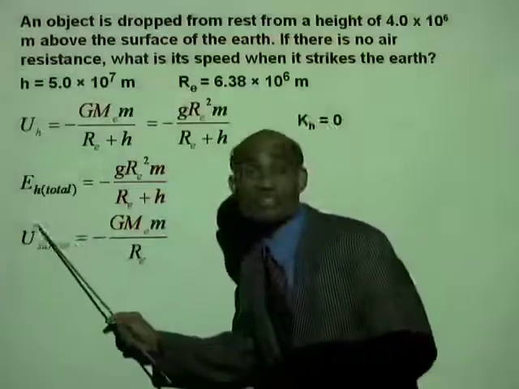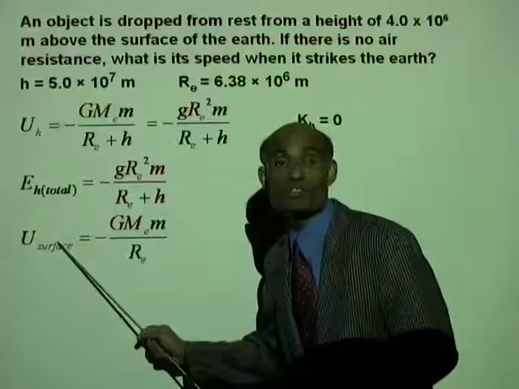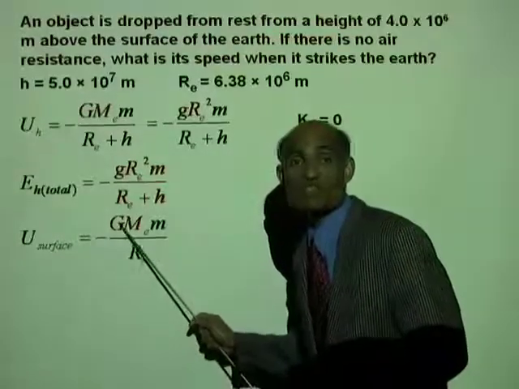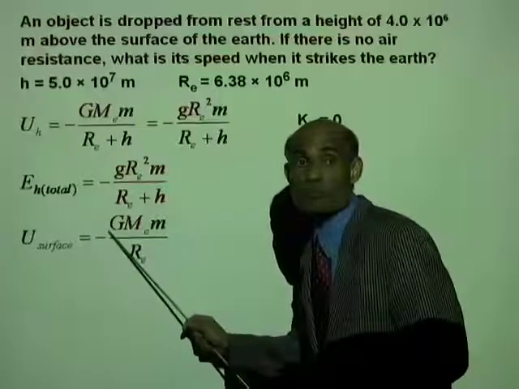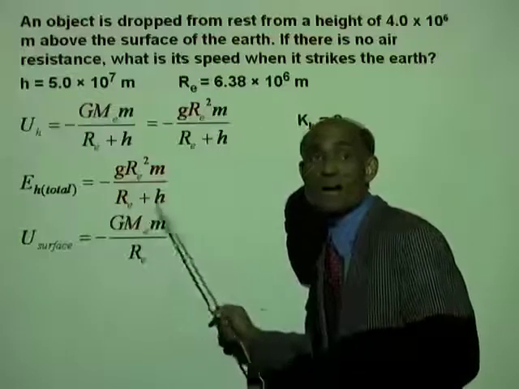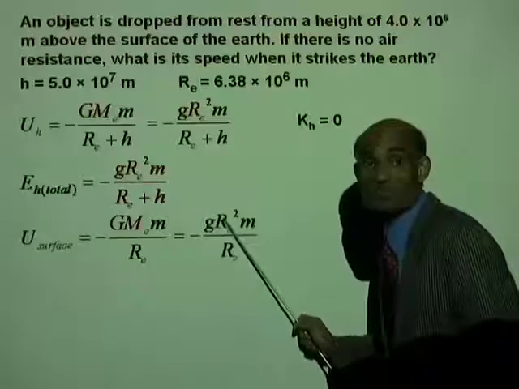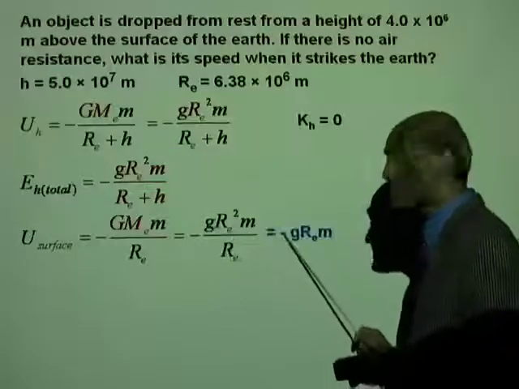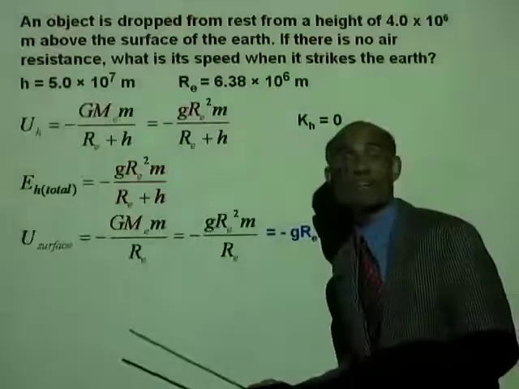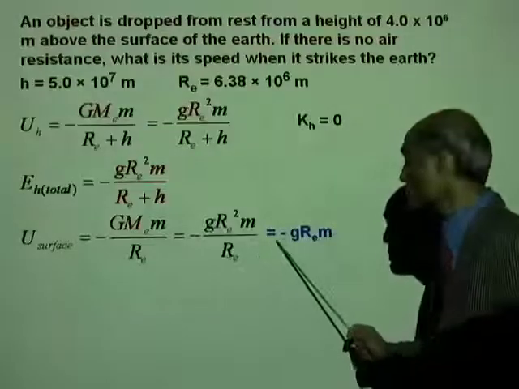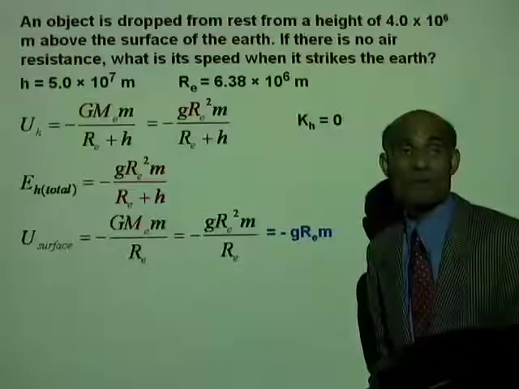Now, when it reaches the surface of the earth, its potential energy on the surface is negative G M_E m over R_E. And replacing this G M_E by g R_E squared and simplifying, this becomes negative g R_E m. The potential energy of the object on the surface of the earth is negative g R_E m.